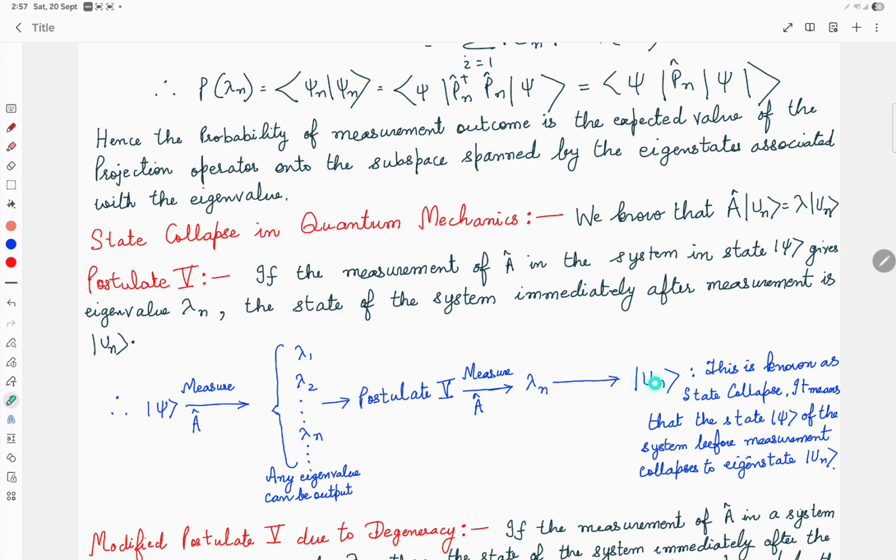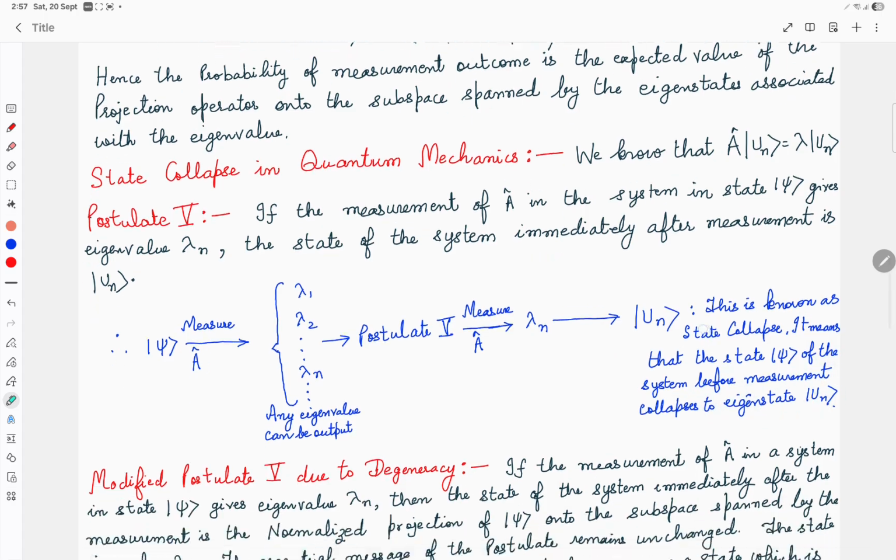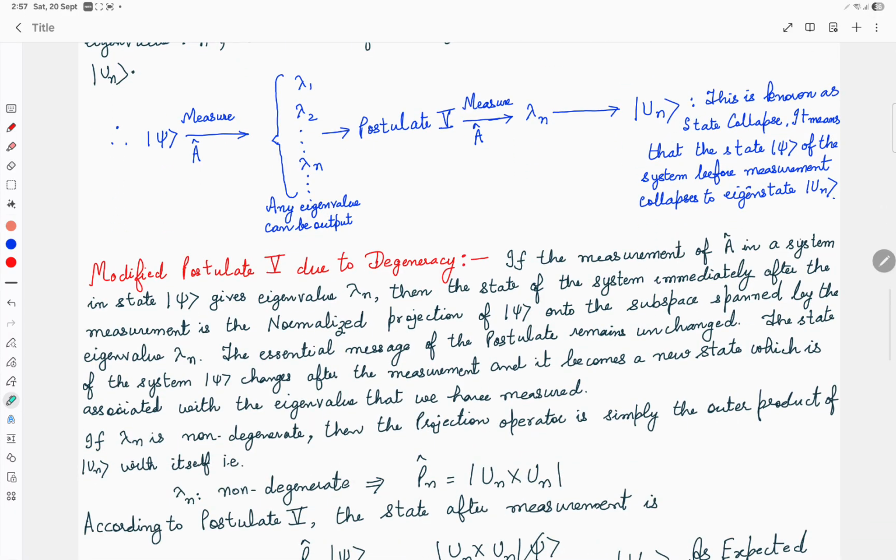You cannot go back from this eigenstate ket un to ket psi. This is known as state collapse, and it means that the state psi of the system before measurement collapses to eigenstate ket un. Now, if we are dealing with degeneracies, then we will have to modify postulate 5.